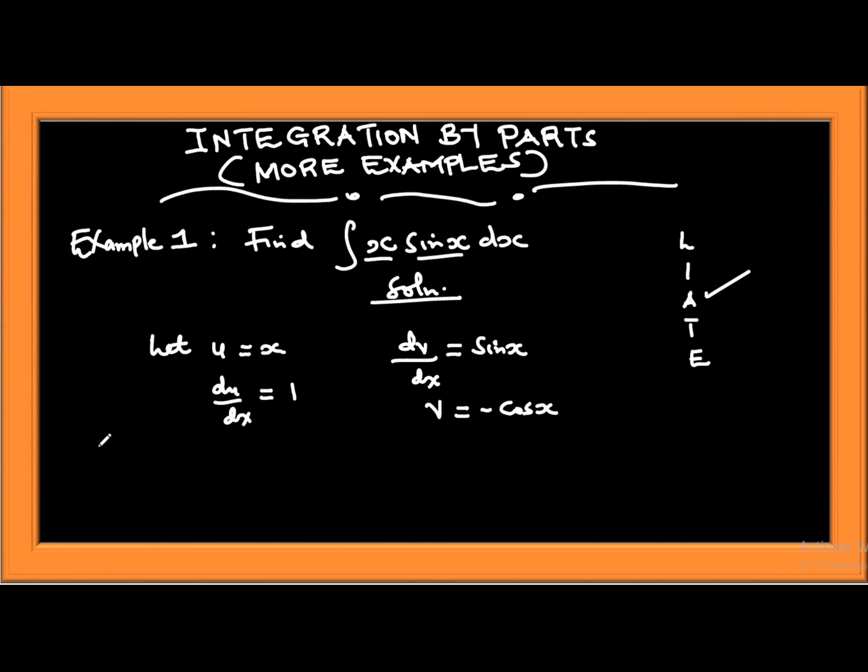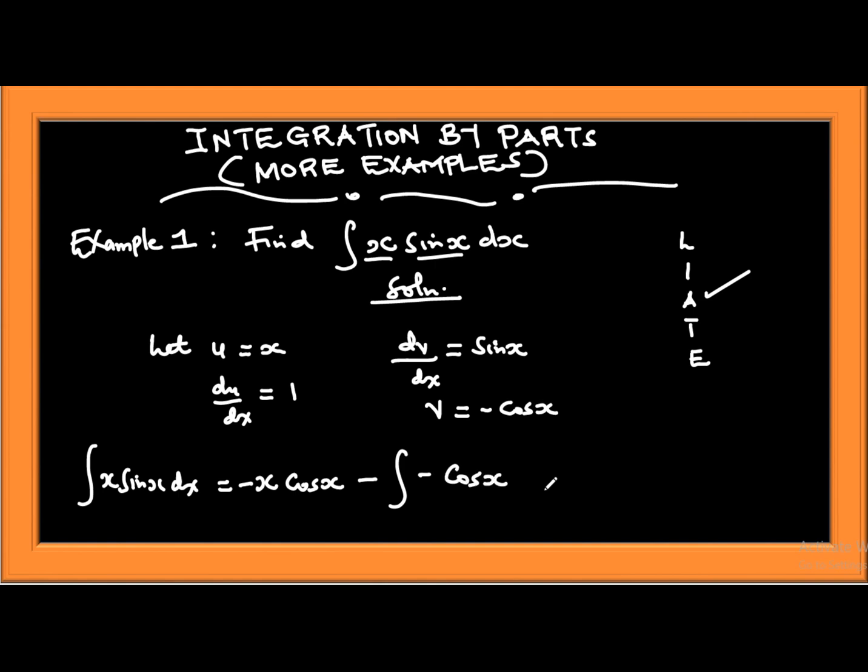That means we can now conclude by saying the integral of x sine x with respect to x is equal to uv. Remember our u is x, v is negative cos x, so I'll write negative cos x here, and then minus the integral of v, which is negative cos x, times du dx.